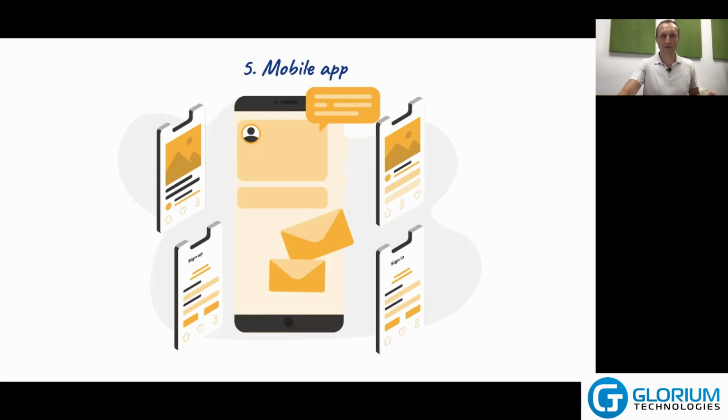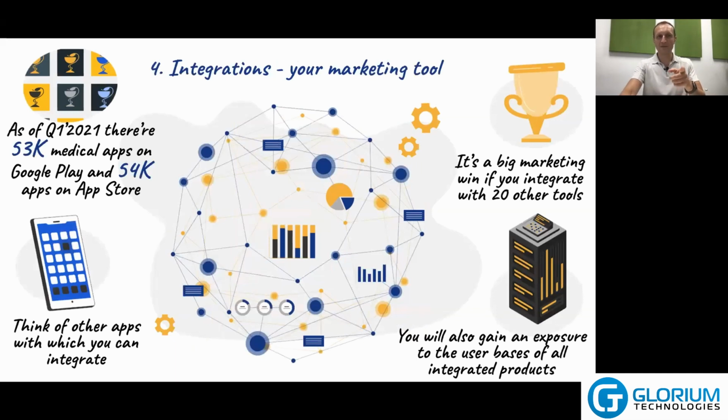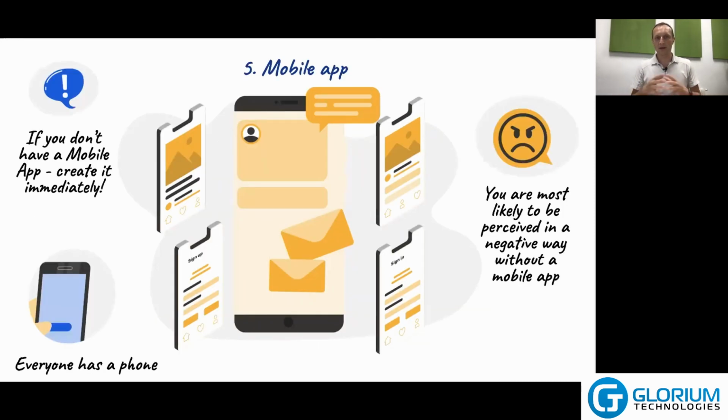You just saw on my previous slide, there are 107,000 mobile apps around the Google Play and App Store combined. So probably all of your competitors are already there. If for whatever reason you don't have a mobile application right now, just create it immediately, because everyone has a phone and everyone would find the need to use your application on their phone.